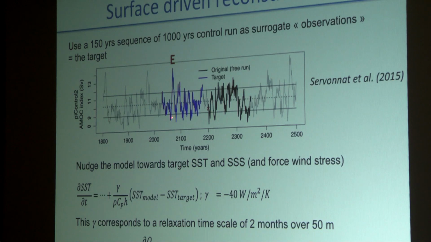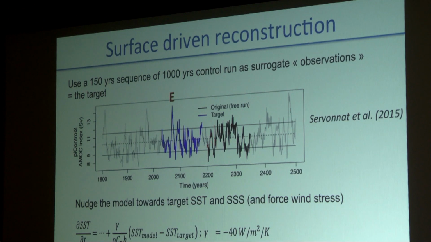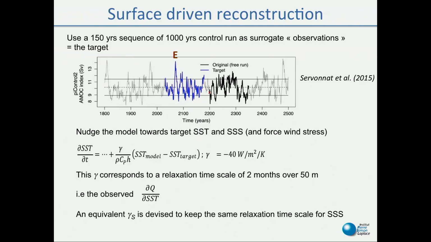So this is those 150 years in blue with that extreme peak we're interested in. Then we take a restart after, and this is our original free run, and we're going to nudge the model with that, starting from that initial state, and several others you'll see after, towards the target SST, SSS, and also forced wind stress to see how we can reconstruct this AMOC here.